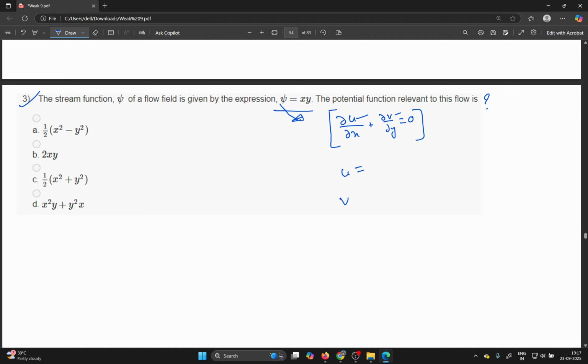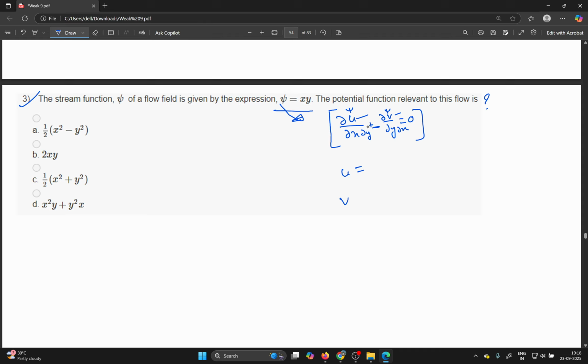So if here is delta x and here is delta y, if somehow I write delta y here and delta x here, and somehow at the place of u I write psi, here also psi, and in place of plus I write minus, then del psi by del x del y and del psi by del y del x will be 0, means that will be equal.